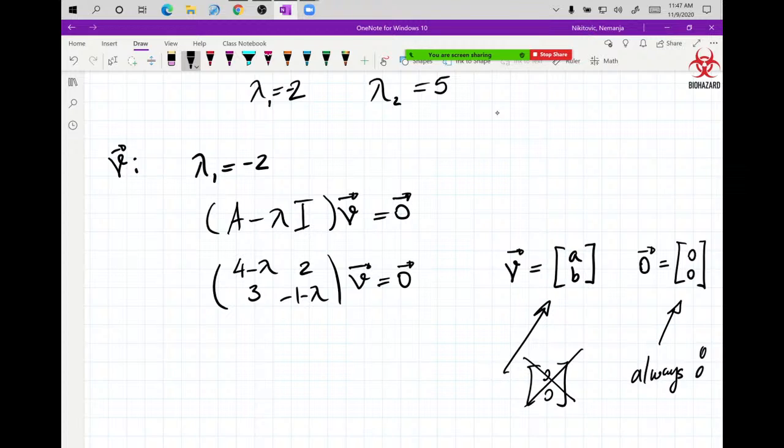The integral of 0 is 0, the derivative of 0 is 0, and it's a trivial solution. So we're never looking for vector v to be 0, 0, because you don't transform nothing.